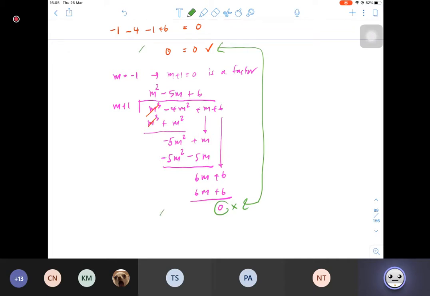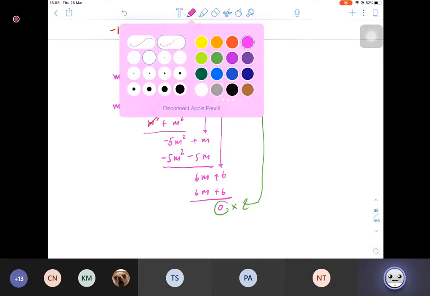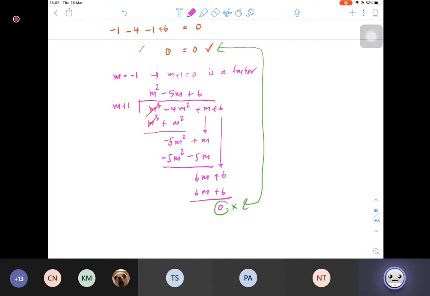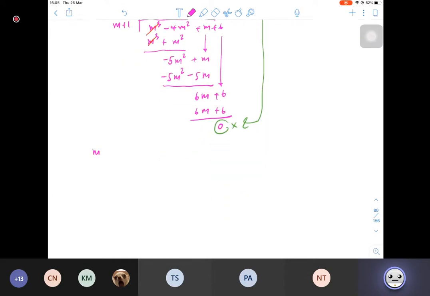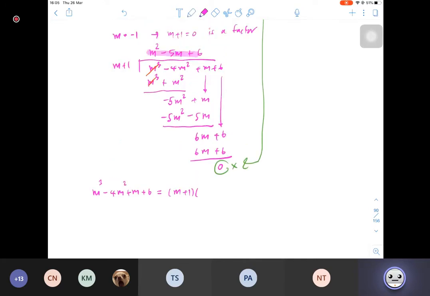Okay, but here we get it right. So it means that we can write down m cubed minus 4m squared plus m plus 6, right, equal to m plus 1 times those terms.